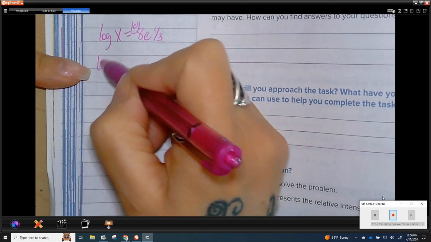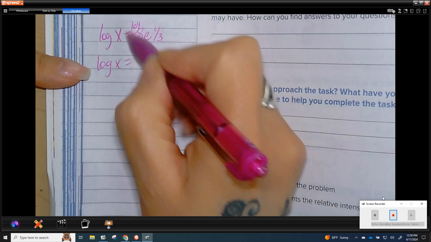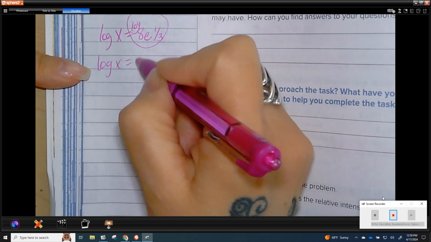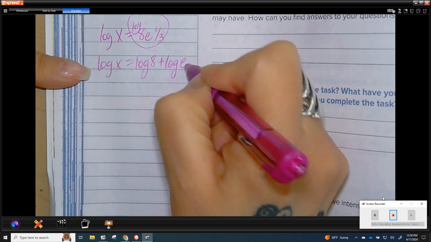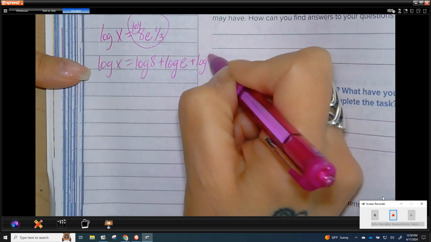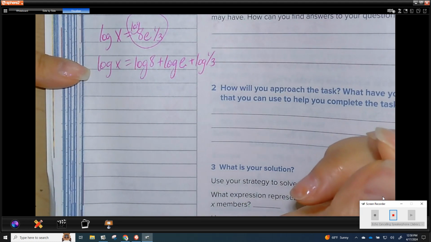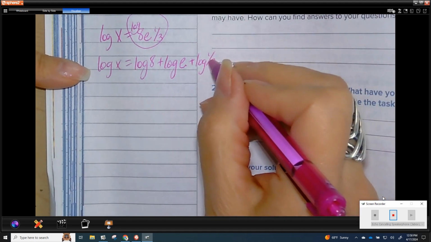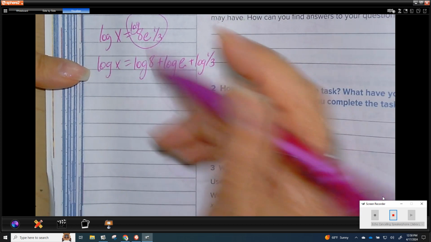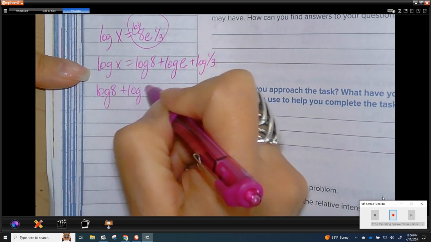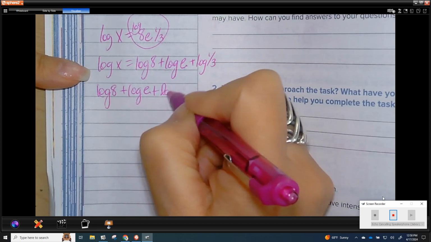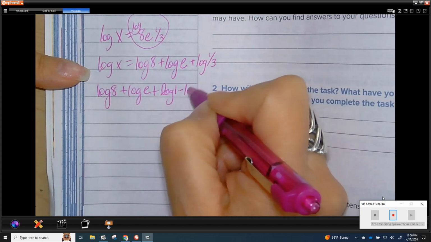So log x equals, and then expand these. These are 3 things multiplied: log of 8 plus log of e plus log of 1/3. Okay? Again, division is subtraction, so you could expand it even further: log of e plus log of 1 minus log of 3.